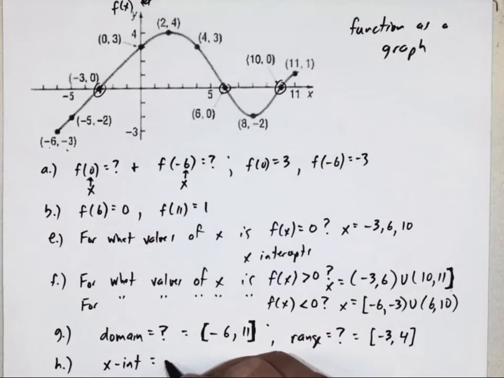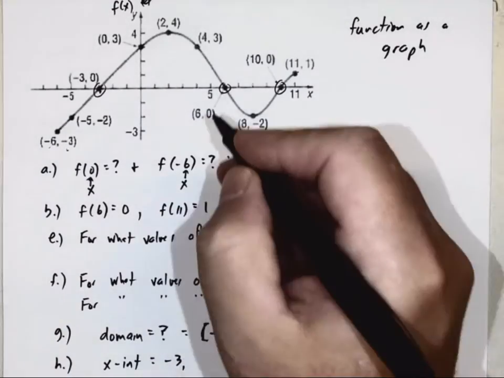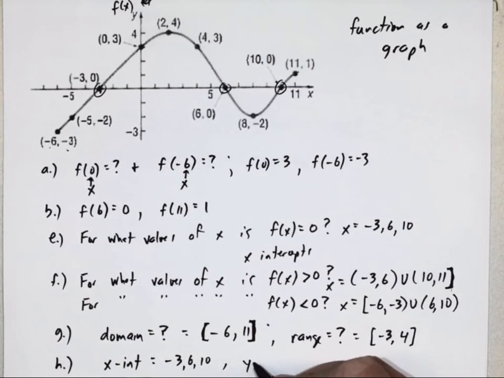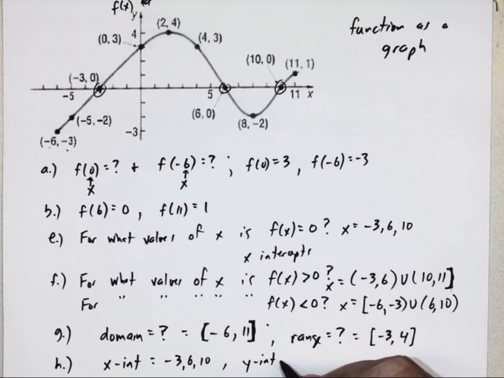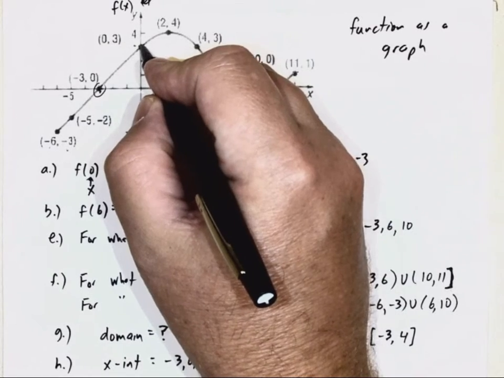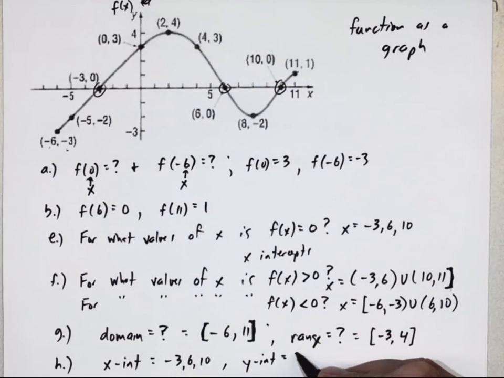The values of x are -3, 6, and 10. And if they ask you for the y-intercept, they're saying, what's the value of y when the graph crosses the y-axis? There's one y-intercept right here, and the value is 3.